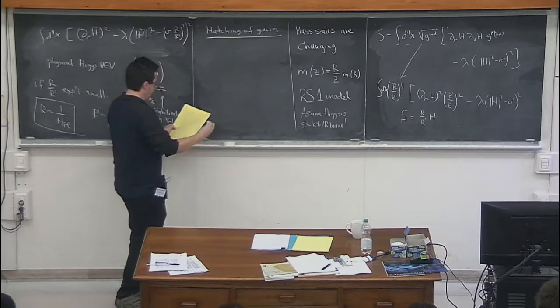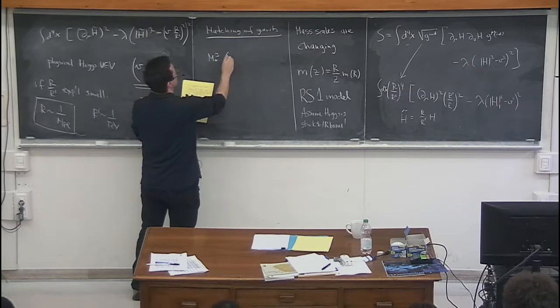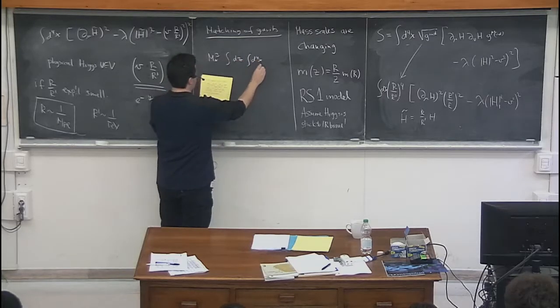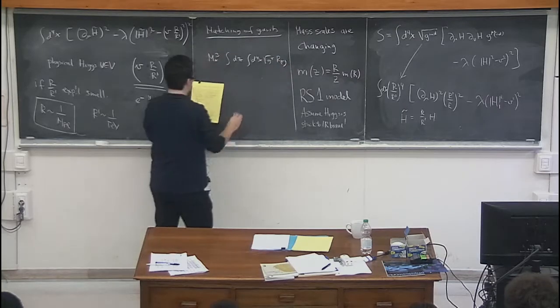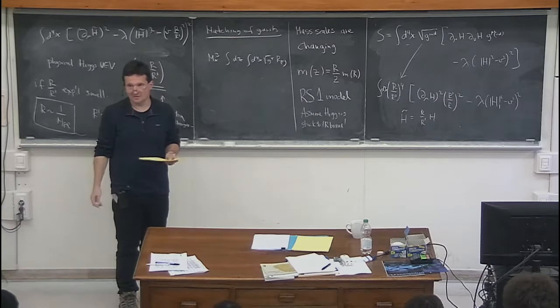You go ahead and do the same thing. This is M star cubed times integral dz integral d4x root g5 R5. That's another really nice exercise to do in the afternoon if you want.